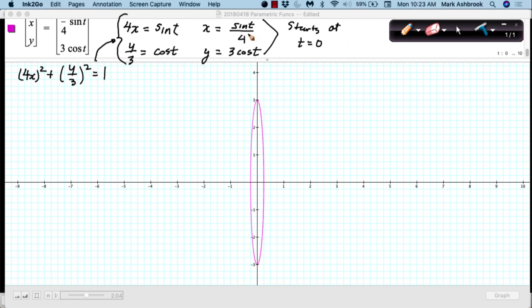Yeah, so you just put in t equals 0. And then does it generate the points clockwise or counterclockwise? How can you tell by looking at that?